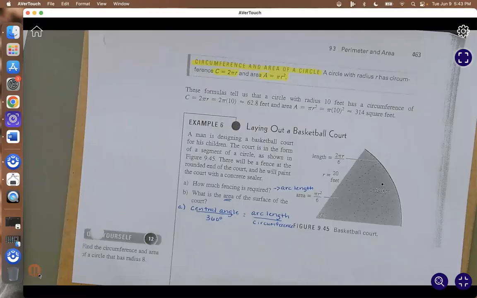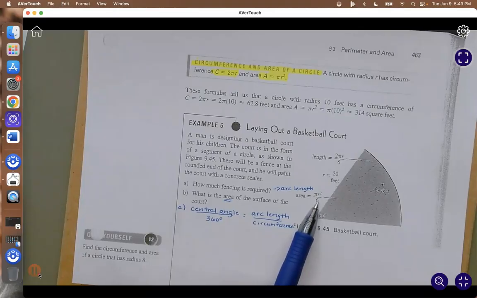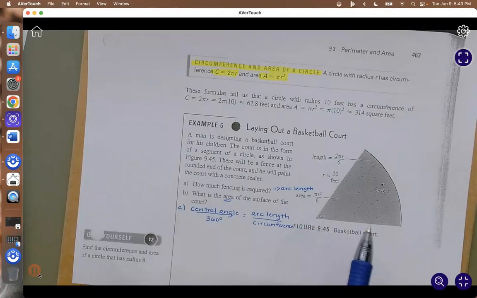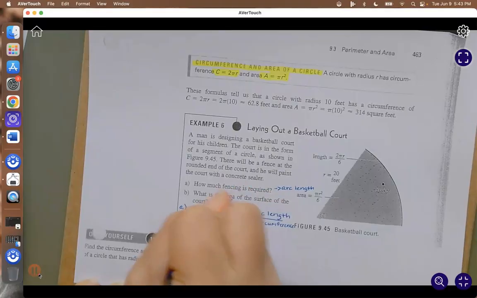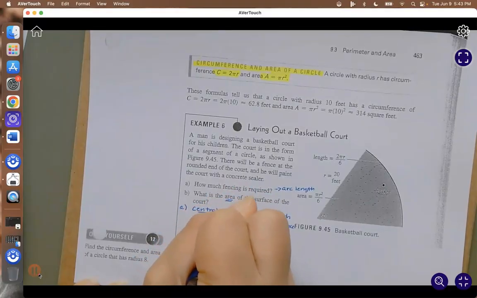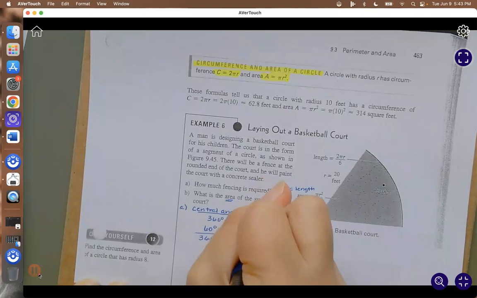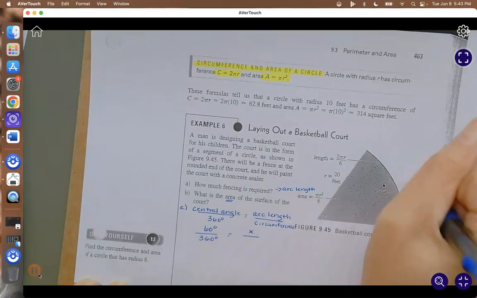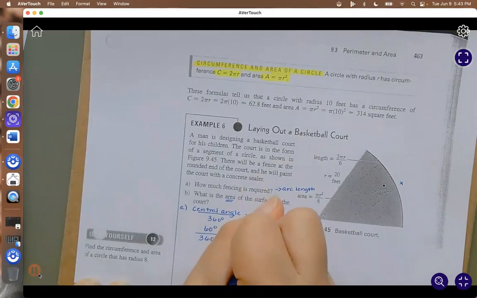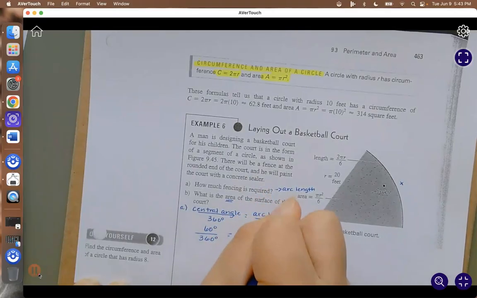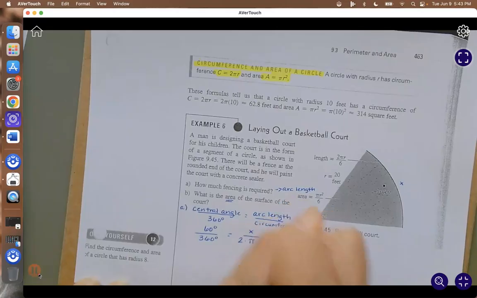Now the central angle, if you look at this, it is right here, it tells me 60 degrees. We don't know arc length. That's the part we want. Circumference is 2 times pi times the r. The r is 20.